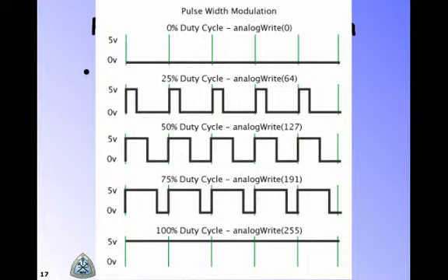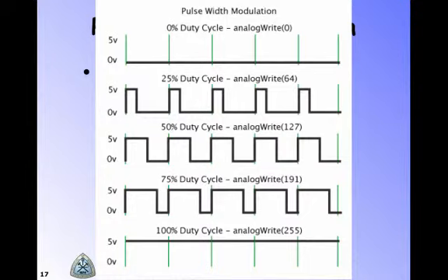As shown in this slide, which is actually from the Arduino web page, you can see that if we have a 0% duty cycle, then there's no voltage going to the motor driver. And at the bottom, if we're driving at 100%, then we're providing 5 volts, or in our case actually about 6.3 volts, all the time.